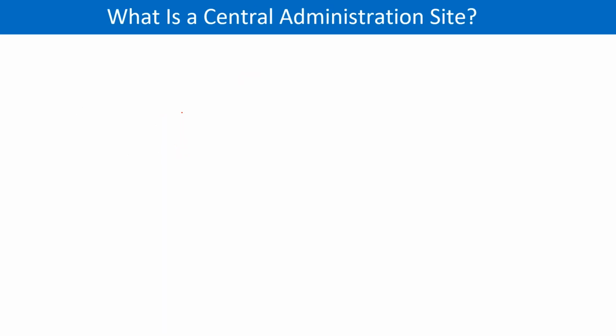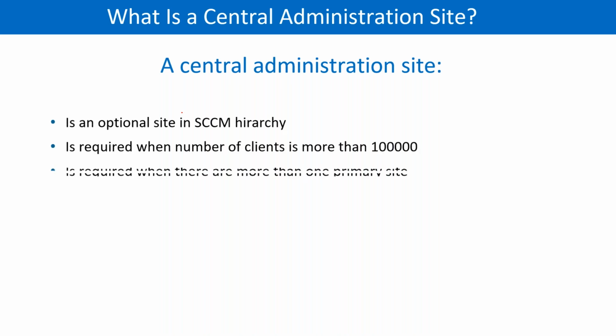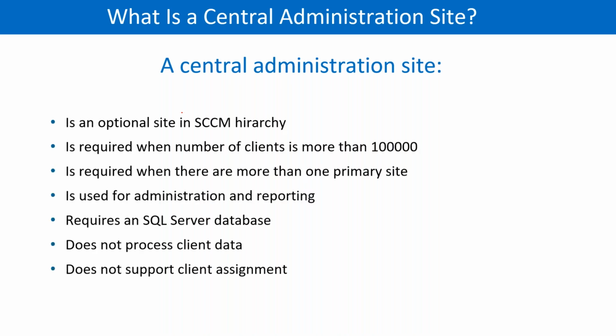Now, what is a central administration site? It is an optional site, as we discussed earlier. The reason we need a central administration site is for these 2 reasons. Suppose you are running a company where you have more than 100,000 devices.